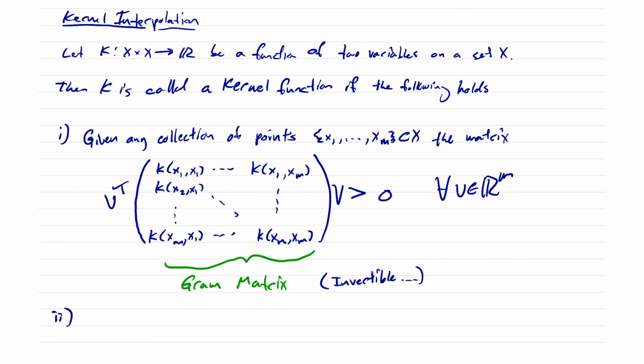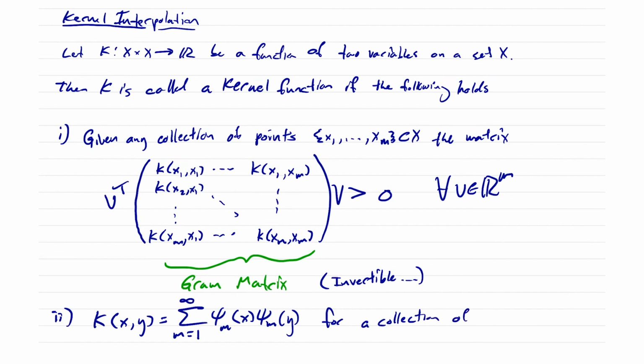They can be written as this: k(x, y) is equal to the sum, m going from 1 to infinity, of psi_m(x) times psi_m(y), for a collection of functions psi_m going from X to R, such that the sum of psi_m(x) squared is less than infinity for all x in X. And so these are called feature maps. So this is a feature map.